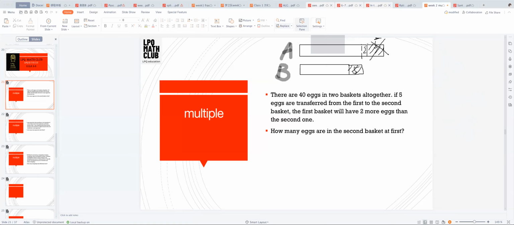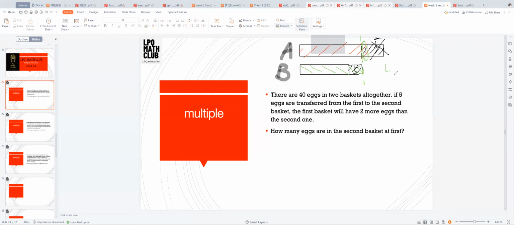So from now on, this red part plus the green part equals 40. The red part is very good, still 40. But you can see if we draw a line here, these two are actually the same, only this 2 is more.